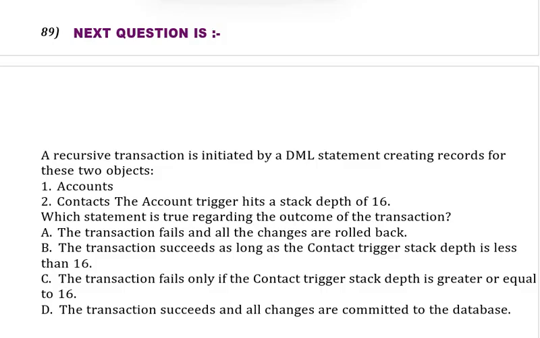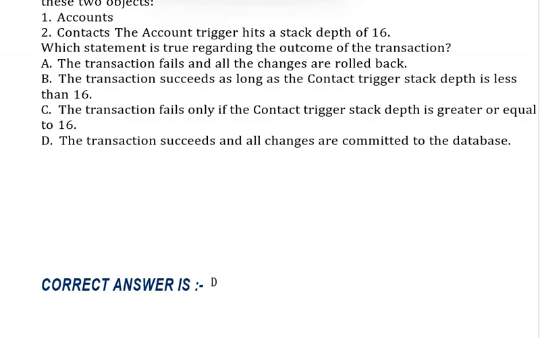Option B. The transaction succeeds as long as the contact trigger stack depth is less than 16. Option C. The transaction fails only if the contact trigger stack depth is greater or equal to 16. Option D. The transaction succeeds and all changes are committed to the database. Correct answer is option D.